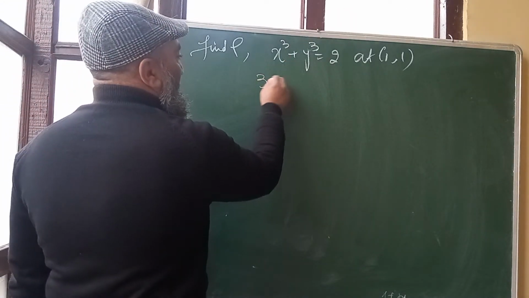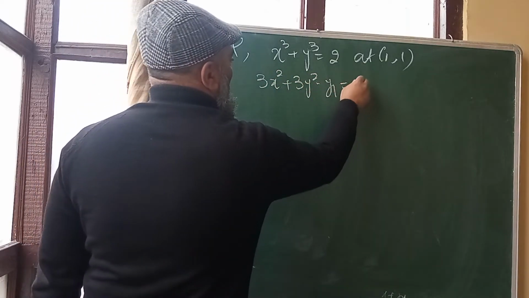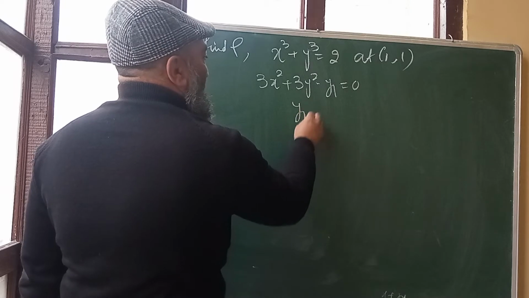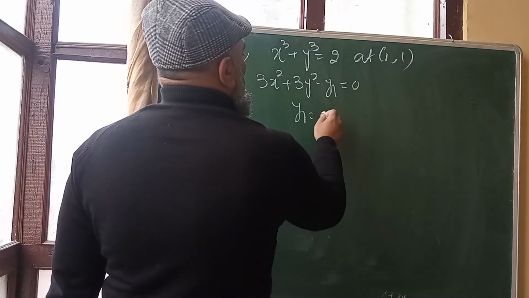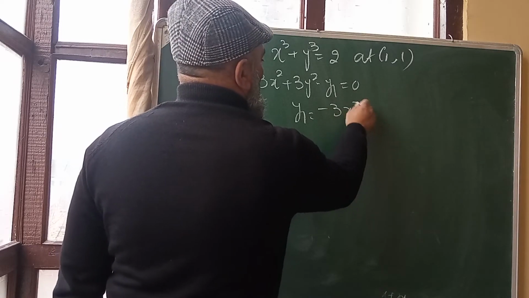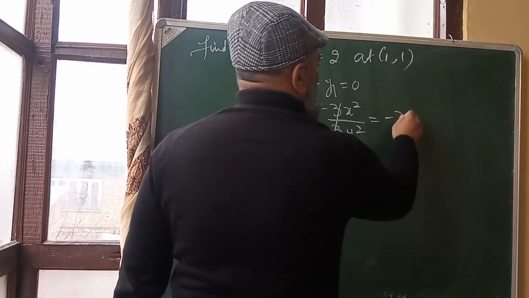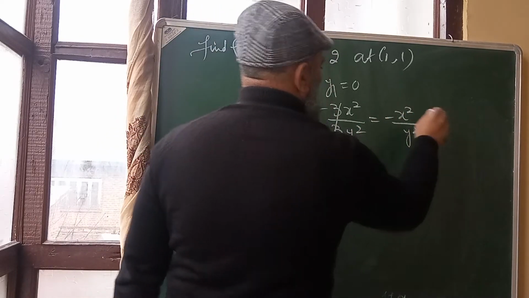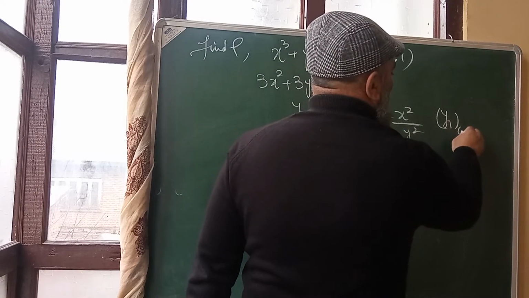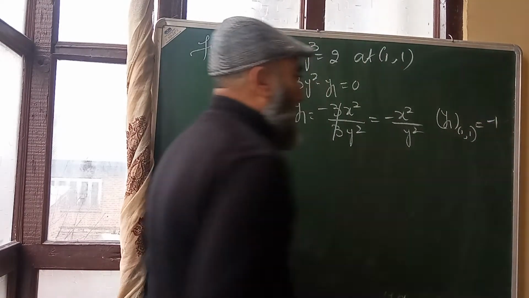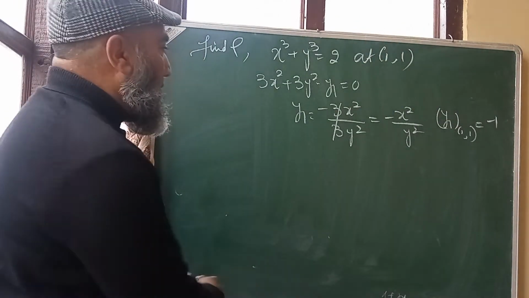This is 3x square plus 3y square y1 equal to 0. So what is y1? y1 is minus 3x square by 3y square, so minus x square by y square. So what is y1 at 1, 1? When you put x equal to 1, y equal to 1, it is minus 1.